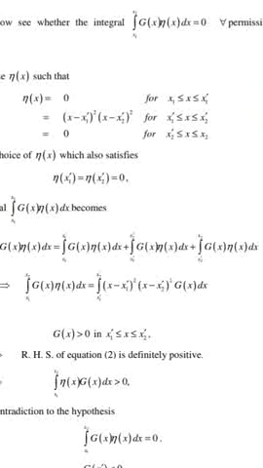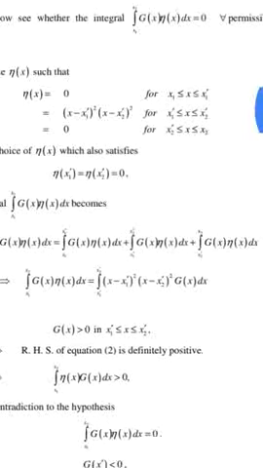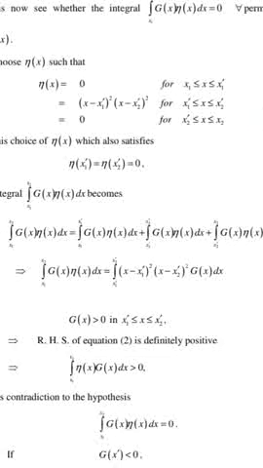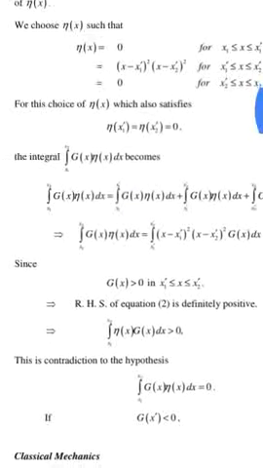We choose eta of x such that eta of x is equal to 0 for x1 less than or equal to x less than or equal to x1 dash, and is equal to (x minus x1 dash) squared times (x minus x2 dash) squared for x1 dash less than or equal to x less than or equal to x2 dash, and is equal to 0 for x2 dash less than or equal to x less than or equal to x2.